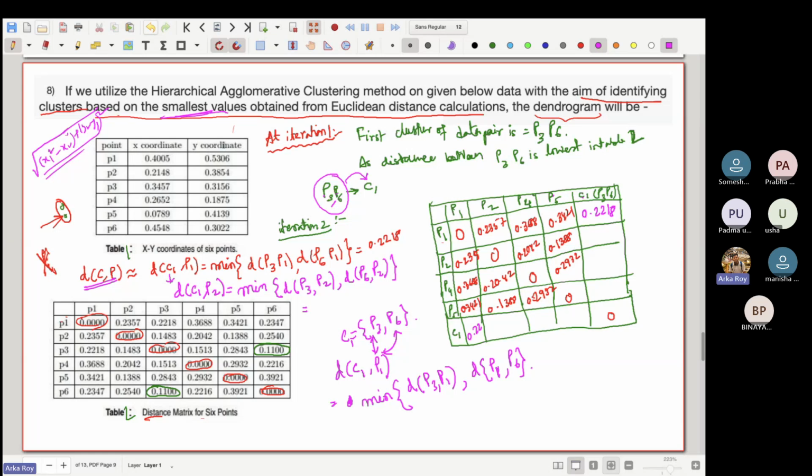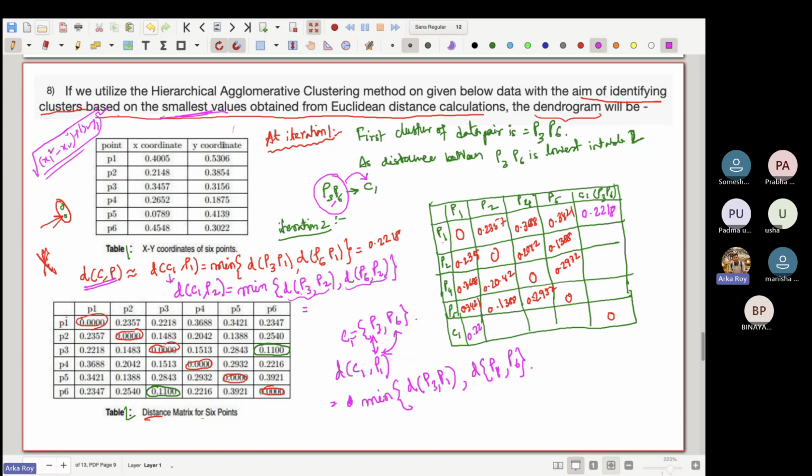Inside a cluster, if you have n number of data points, then from all the n data points you have to calculate the distance to the point concerned, in this case P2. Then you will get individual distances like this, and then you take the minimum so that you get the distance between cluster and point.